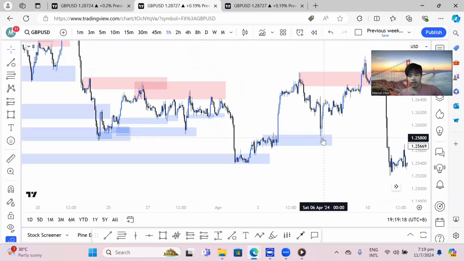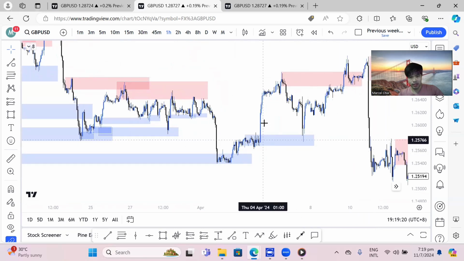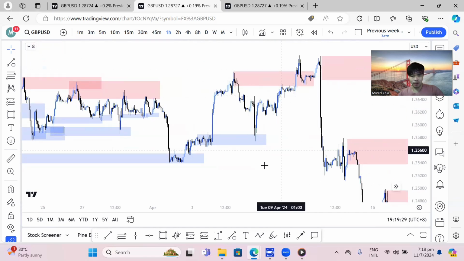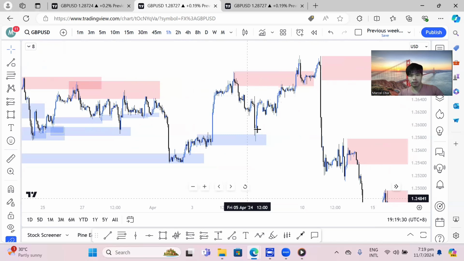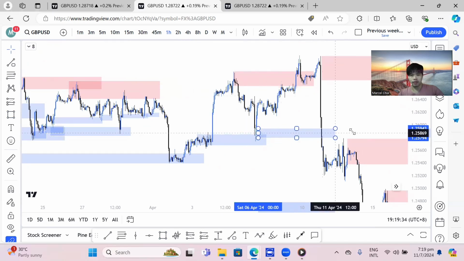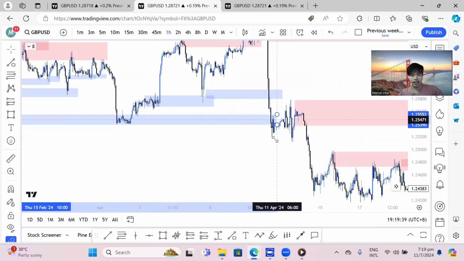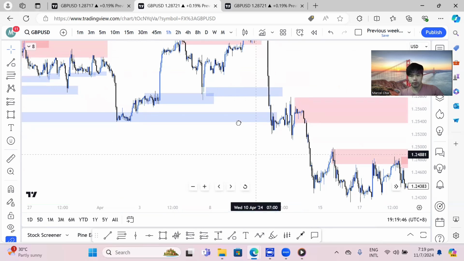Right? So this is a very good example when there's a very clear break in structure to the upside, price came down to test this demand zone again before it comes up. And ultimately, when price revisits this demand zone again, it fails. Right? So this demand has lesser effect on these levels because it is already pretty far away from this level here as well.